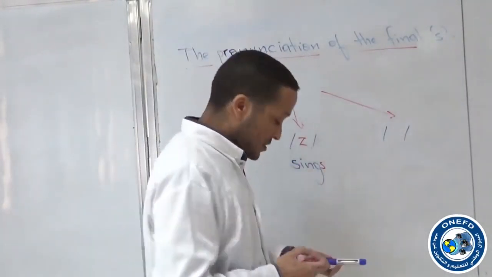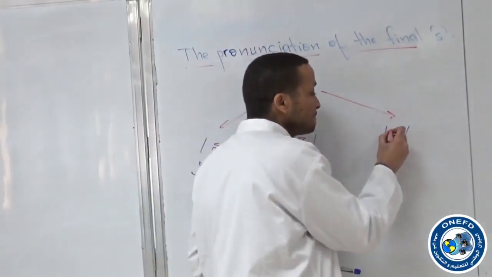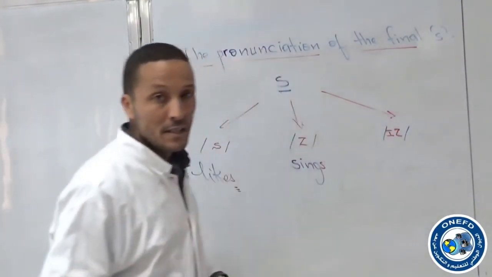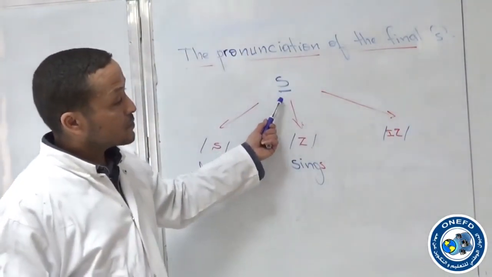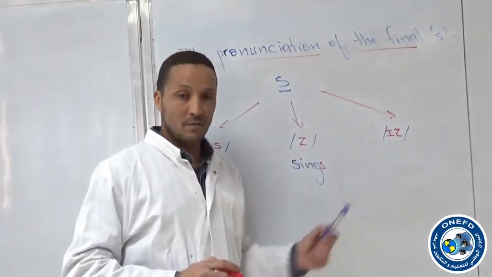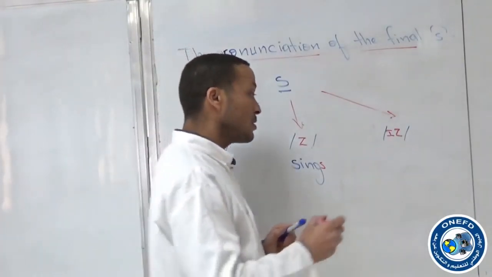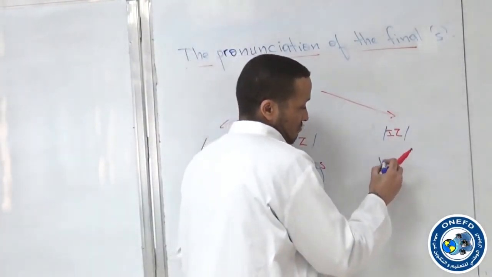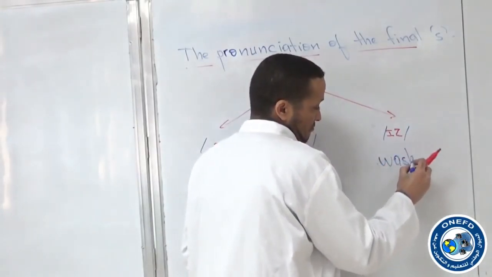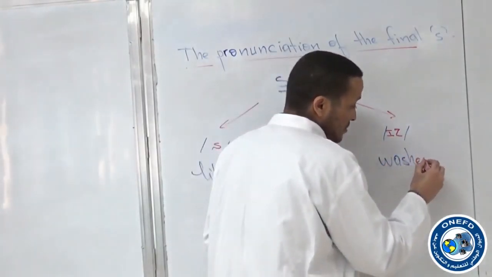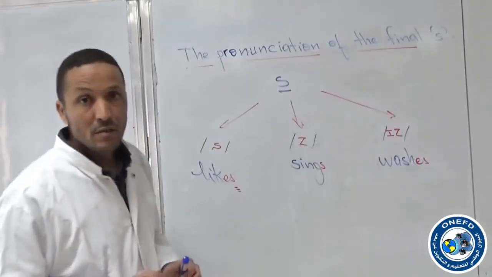The last pronunciation is iz. So the final letter S can also be pronounced iz, for example, washes.